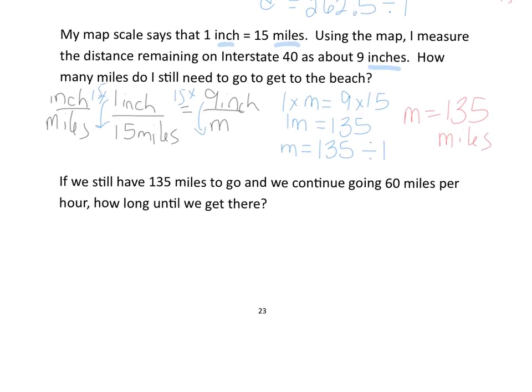For the last question, it says if we still have 135 miles to go and we're going 60 miles per hour, how long till we get there? So we have miles, miles, and hours. So we're going to compare miles to hours. So we have 135 miles to go.